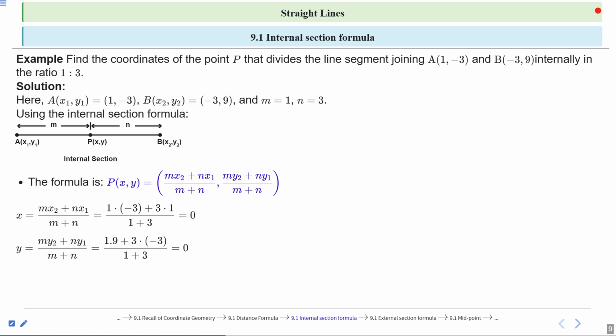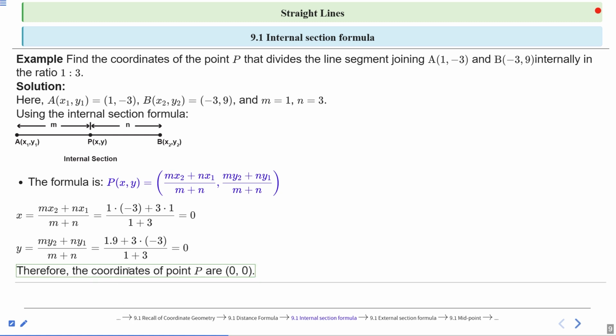The value of y is equal to 1 times 9 plus 3 times minus 3 divided by 1 plus 3. If we simplify it, then you will get 9 minus 9 divided by 4, which is also equal to 0.